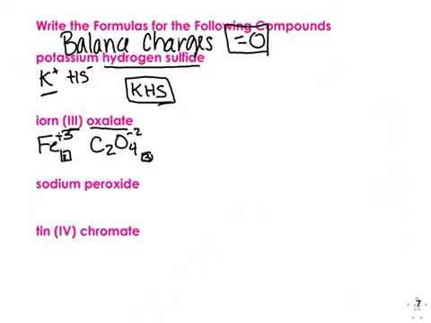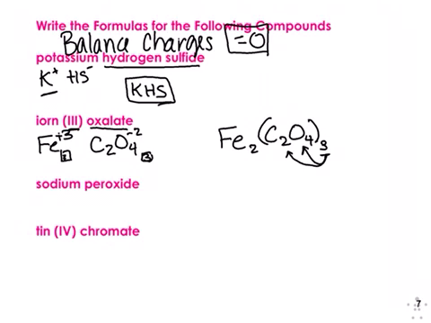So when you add a subscript to a polyatomic, what you need to make sure you do is put the polyatomic in parentheses and then place the subscript. That indicates that this subscript gets distributed to any and all elements within that parentheses.